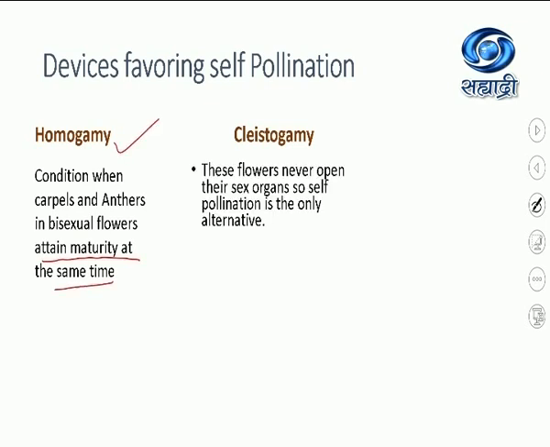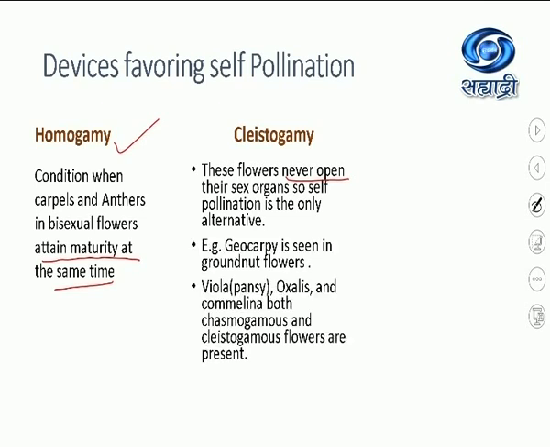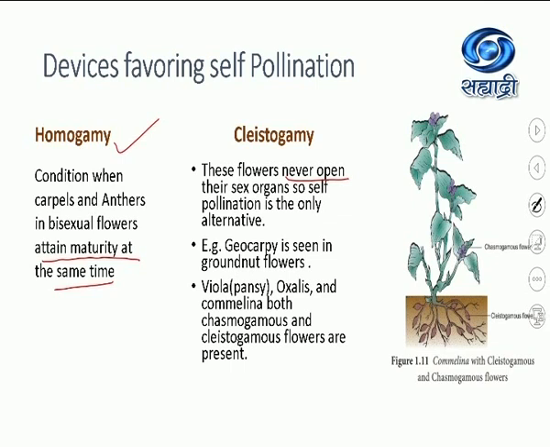Cleistogamy is when the flower does not open, so of course self-pollination will take place. Example, geocarpy is seen in groundnut, and cleistogamous flowers in viola, pansy, oxalis and commelina. In commelina, you can see both types, cleistogamous and chasmogamous flowers. Cleistogamous flowers don't open, so self-pollination takes place. Chasmogamous flowers open but they mature at the same time, so self-pollination occurs.